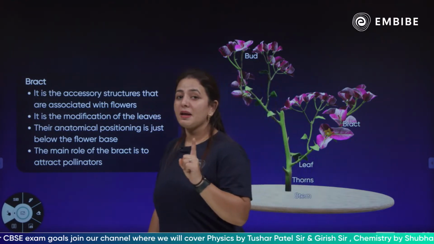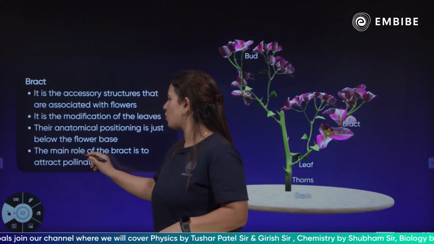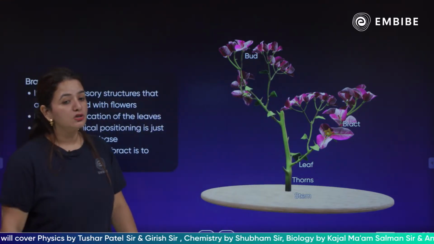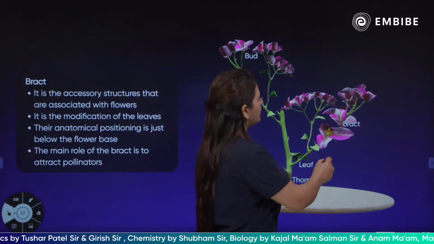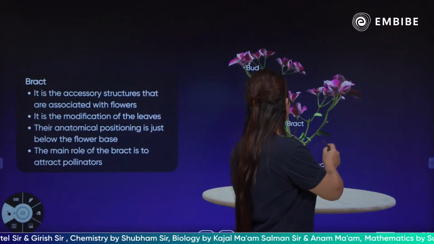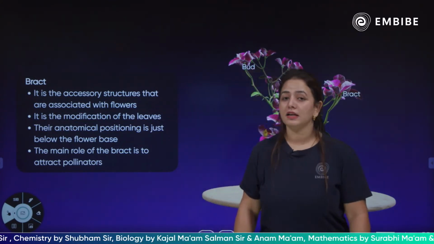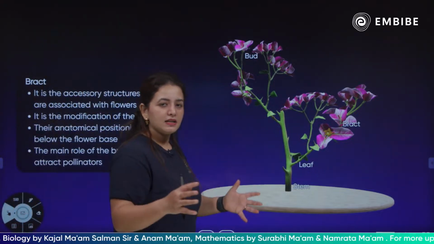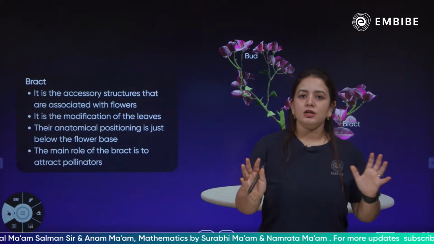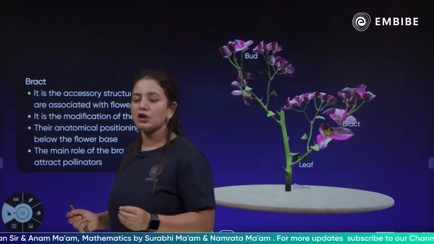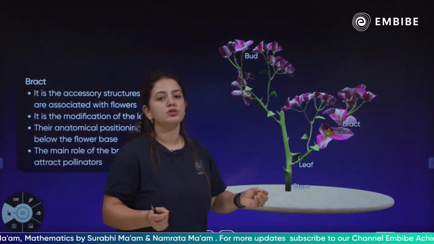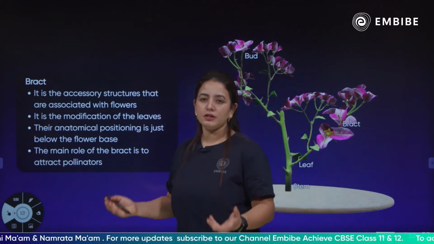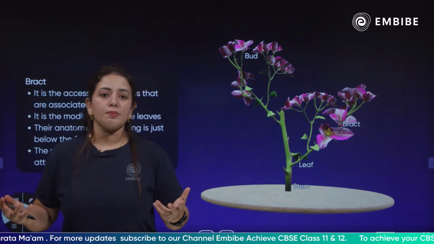Okay, what is the main function of the bract? The main role of the bract is to attract pollinators for pollination. You know, certain insects pollinate, certain birds pollinate. There are certain pollinating agents, and thus the function of the bract is to attract those pollinators, because if there is no pollination, how will there be fertilization, how will seeds or fruit be formed?